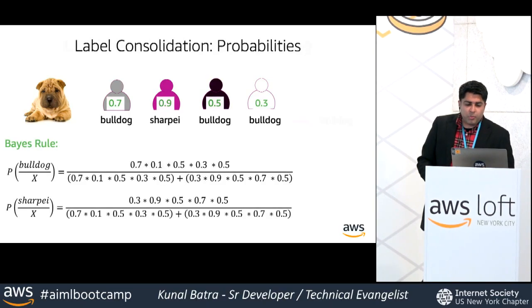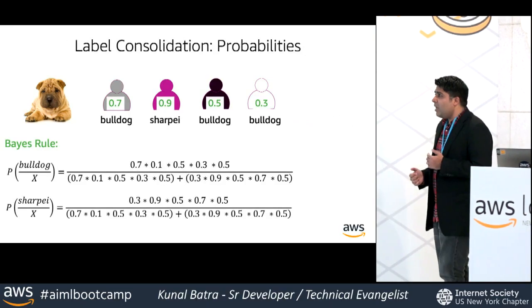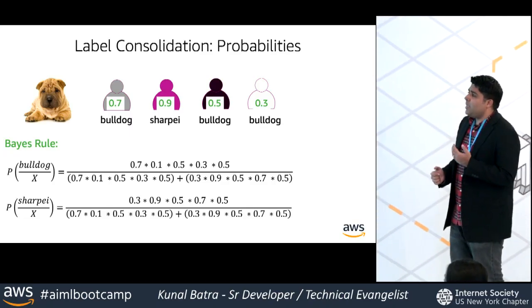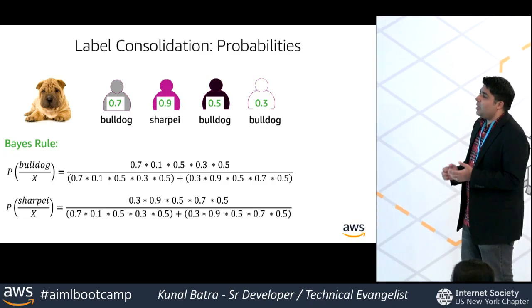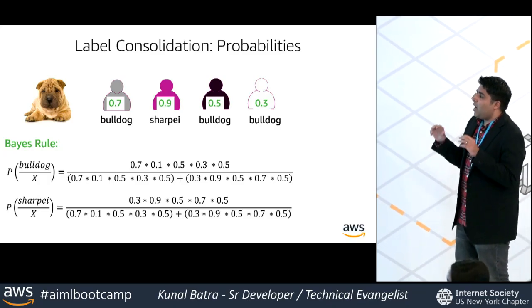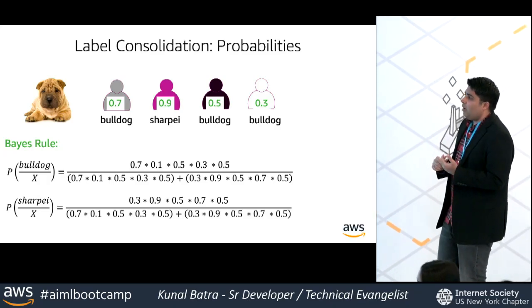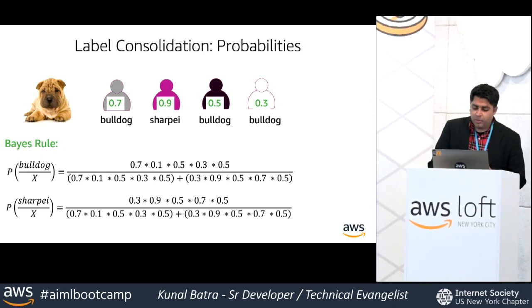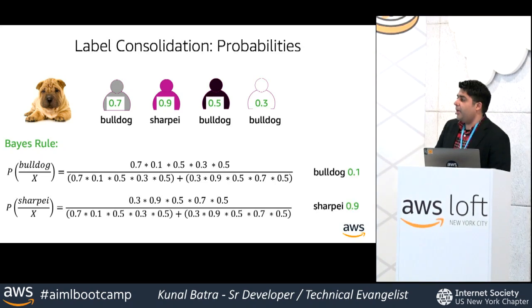Now with Ground Truth, we want to help with this, and we take advantage of probabilities in the Bayes theorem. We can now start taking a look at how accurate each labeler is, right? So now we assign these scores of how accurate they are, and then even though only one person said Shar-Pei and three people said bulldog, the answer is still going to be Shar-Pei.